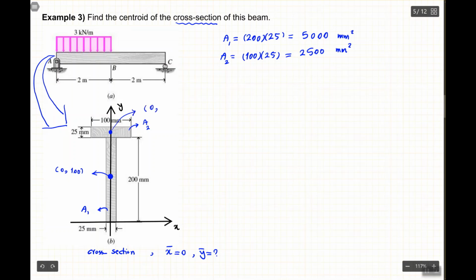As you can see, the x for all of them is 0 because it's symmetric, and we put the y-axis over there, so it makes our calculation easier. And then this one has to be 212.5. Remember, the whole thickness is 25.